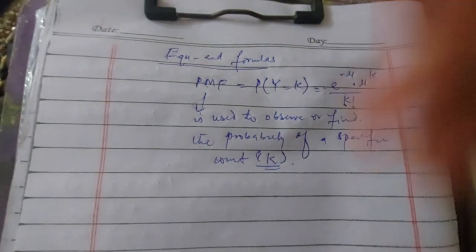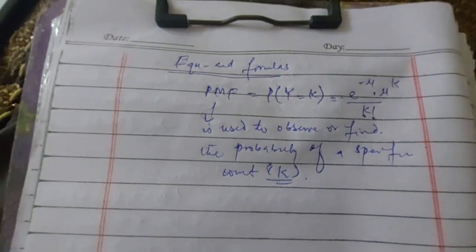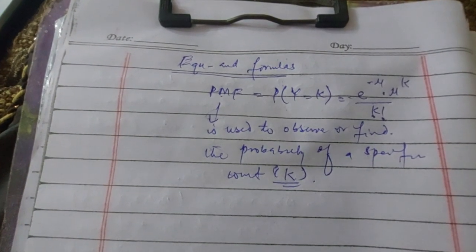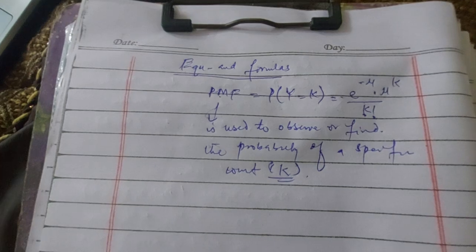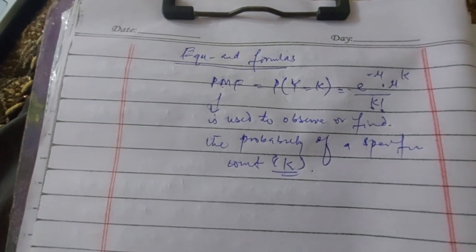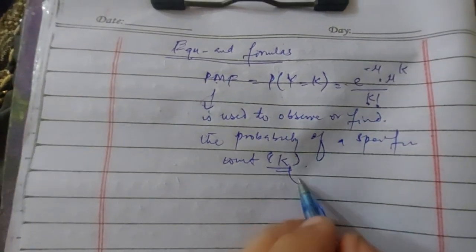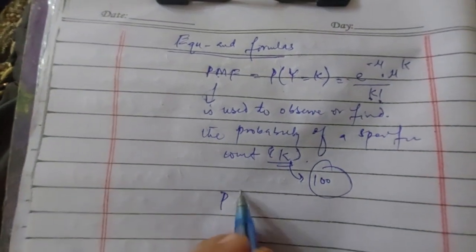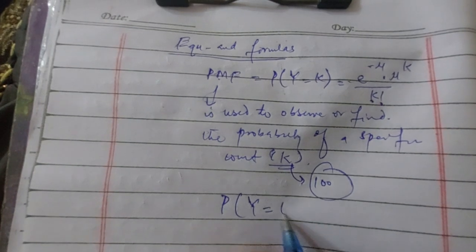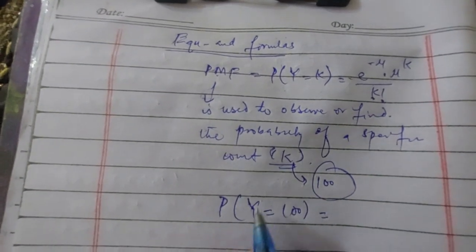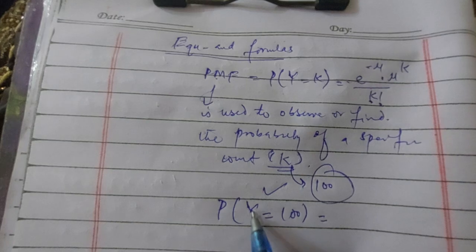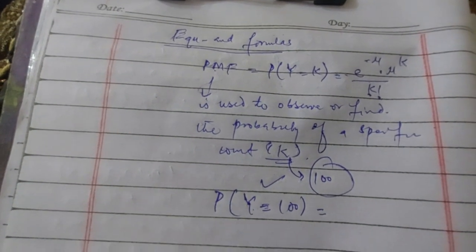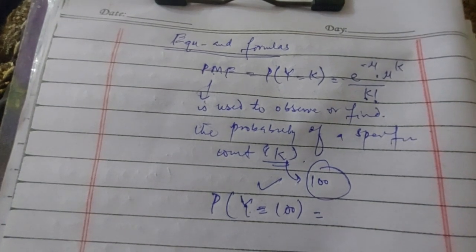For example, the probability that we have 20 customers in the supermarket, or we have 100 customers. That 100 or 20 is the value of k. So the probability that the number of customers is equal to 100. This is the PMF. This is how we use this equation to find the probability that we have exactly 100 customers in the supermarket.